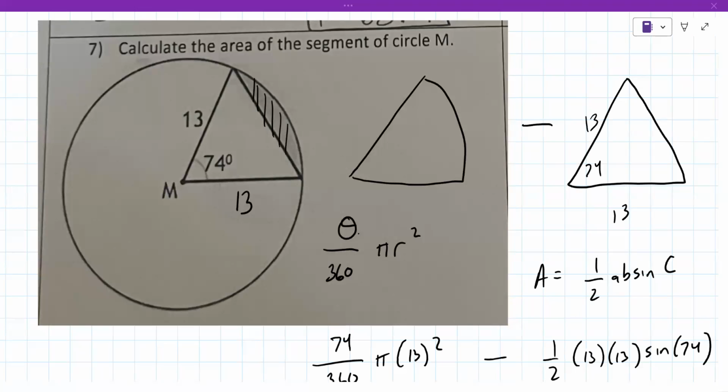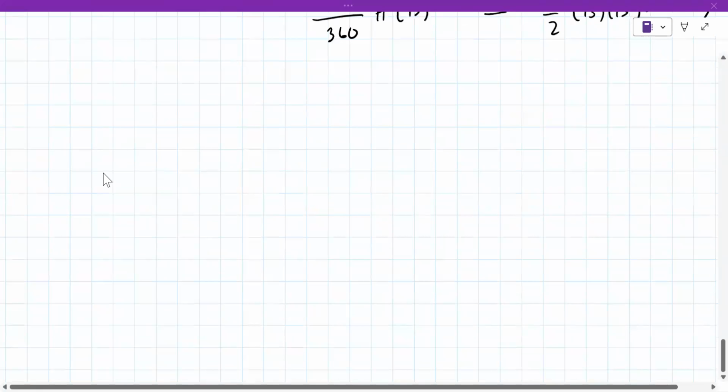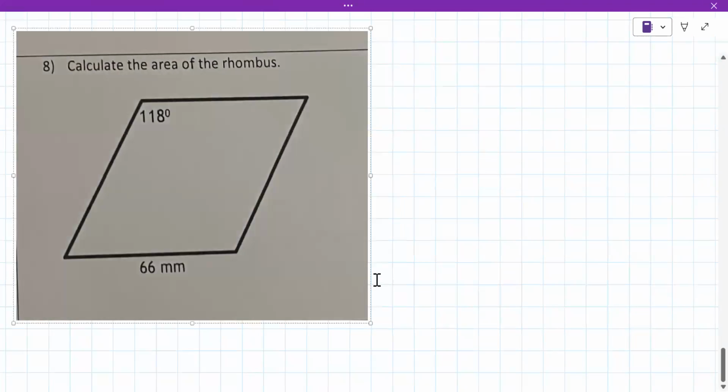Okay. Number 8. Okay. Area of the rhombus. So interestingly, a rhombus and a kite share similar area formulas. It's 1/2 diagonal 1 times diagonal 2.